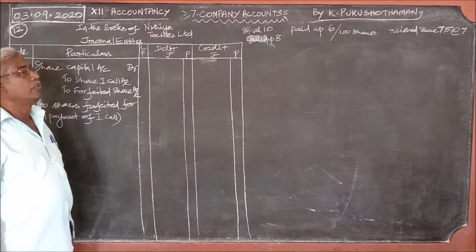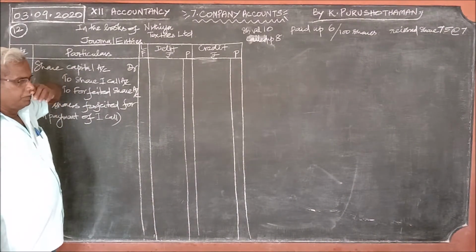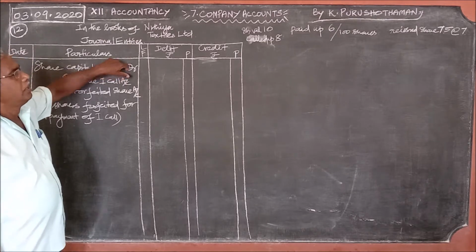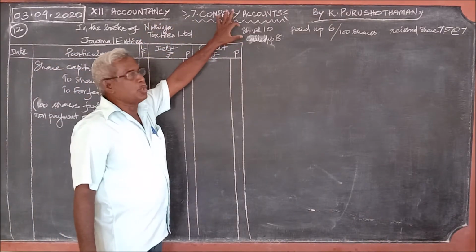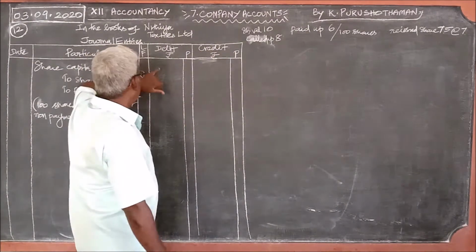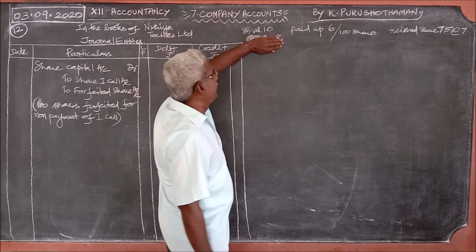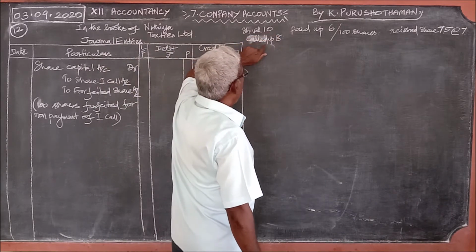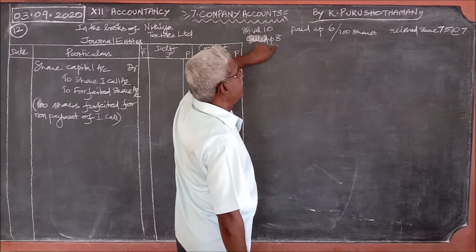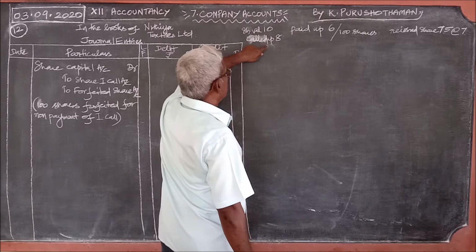For this, how to fill up? In the previous problem, we filled up the share capital account by taking the actual share value 10, therefore 10 into 100, 1000 rupees. But here, there is an additional item given, called up. Out of 10, called up is only 8, therefore only this amount should be taken into account.